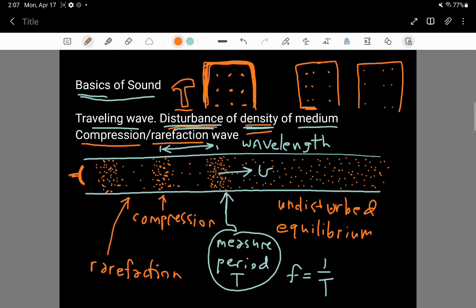So for example, right here, can you see this? This is a compression, and then next to it is a rarefaction. And then next to that is another compression, and then a rarefaction, and then a compression.